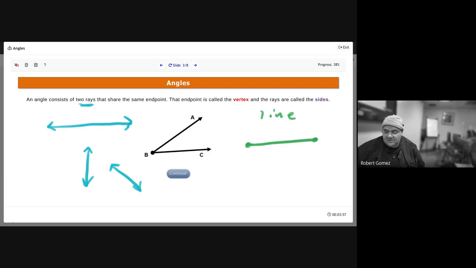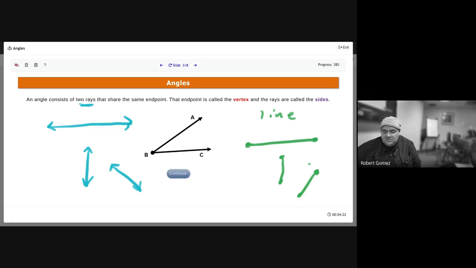So that would be a line. This is a line, and that's a line. So just so we got that straight, that's the difference between a line and a ray.